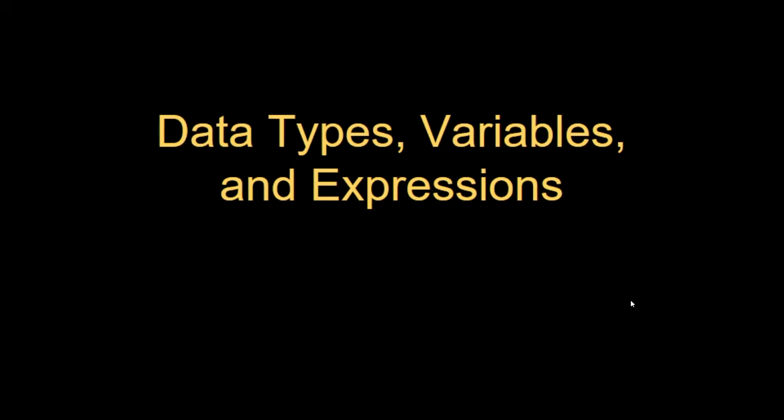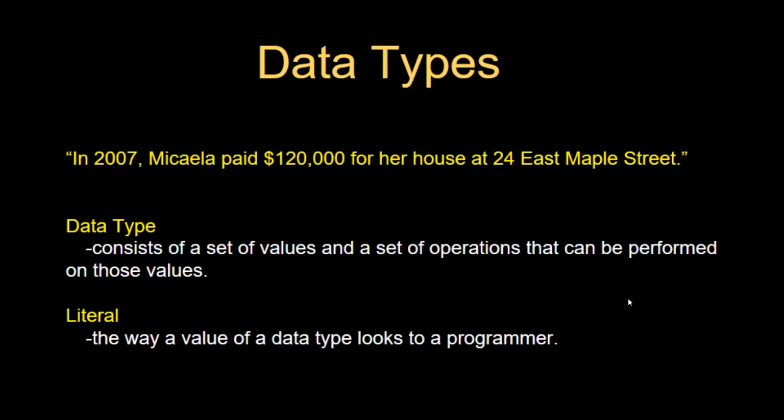Okay, so data types. So we have here a statement or a simple phrase, no? In 2007, si Micaela paid $120,000 for her house at 24 East Maple Street. Ayan. So a data type consists of a set of values and a set of operations that can be performed on those values.